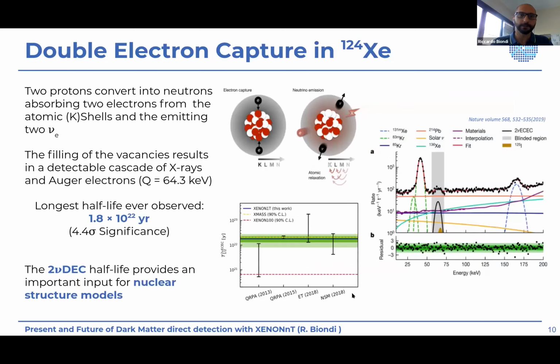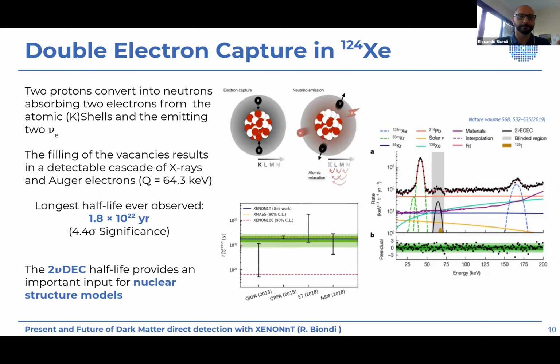But XENON1T started, let's say, the exploitation of this technique for multiple purposes, not only dark matter, but also other interesting topics like double electron capture in the xenon-124 nucleus. So what is double electron capture? It's when two protons convert into neutrons, absorbing two electrons from the atomic shell, mainly the K shell, and emitting two electron neutrinos.